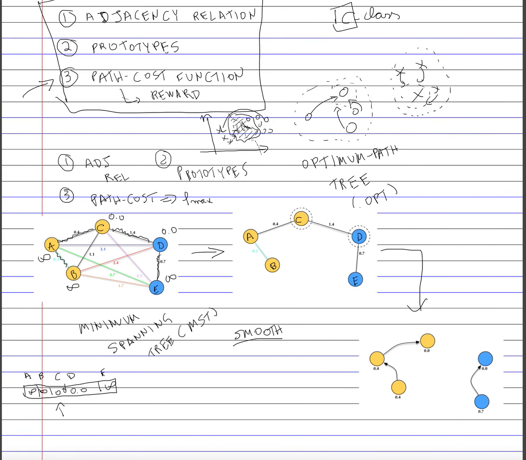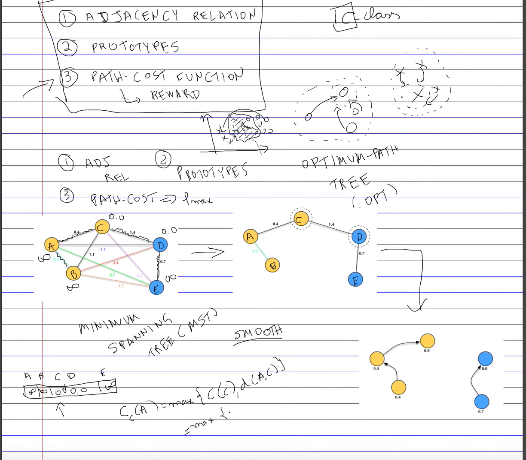Okay, so for instance, what's going to be the cost that sample C is going to offer to A? As I told you, we are using the fmax, which means the cost is going to be the maximum value between the cost of C and the distance between A and C. So it's going to be something like that.